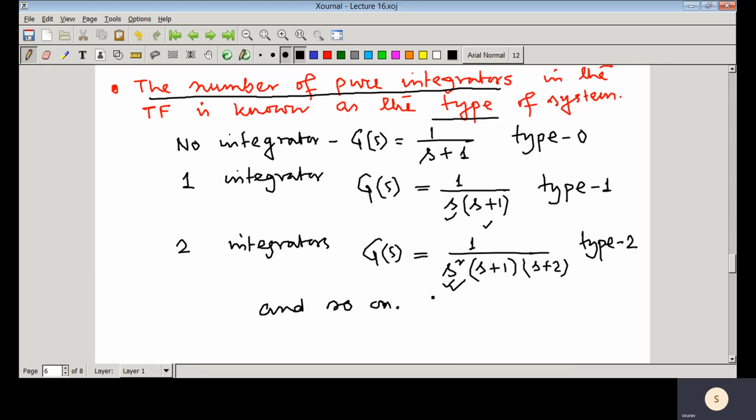Whenever a transfer function is given to you, just by looking at how many poles are at the origin, or how many pure integrators are present, that is the type of the system. Type 0 means there is no integrator, and type 1 means there is one integrator.